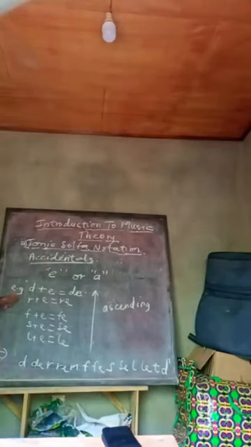So ascending, you have Do, Do plus E is Di, Re plus E is Ri, Fa plus E is Fi, Sol plus E is Si, La plus E is Li.